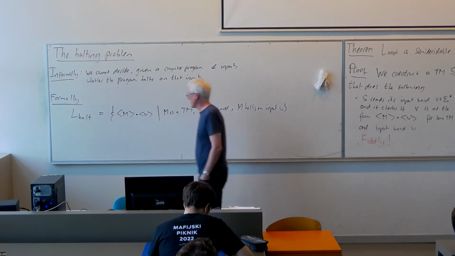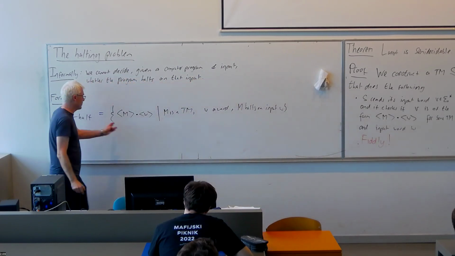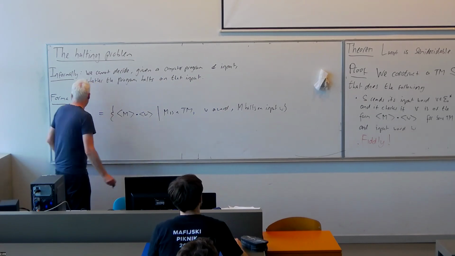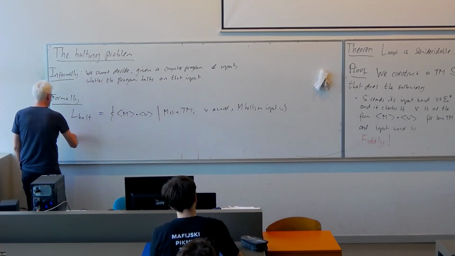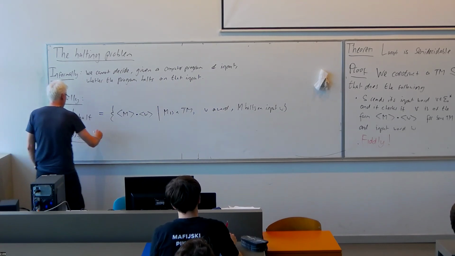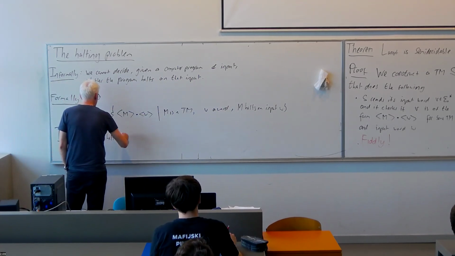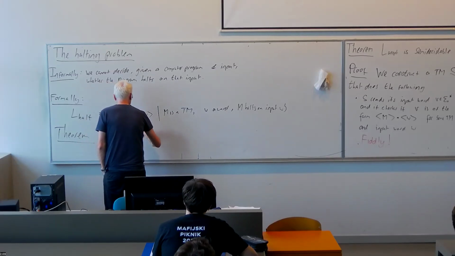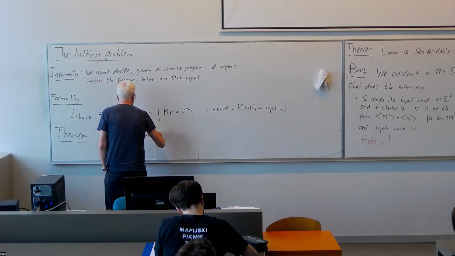So we're testing halting. M rejecting W would also count as halting, as it didn't count before. And the theorem is that L-halt is again semi-decidable, but it is undecidable.